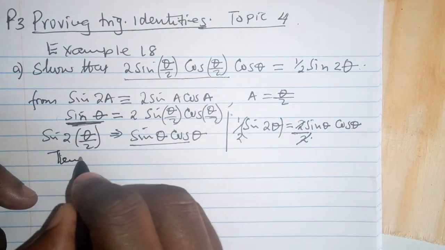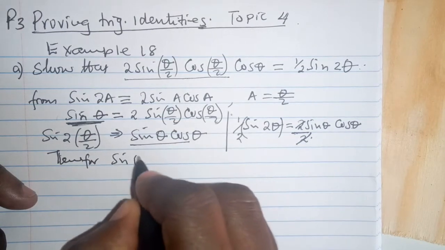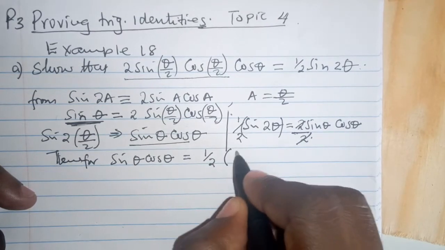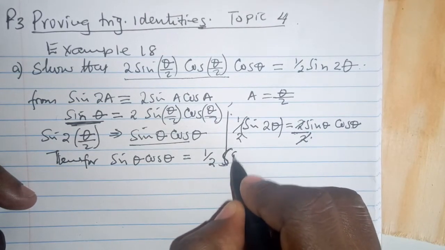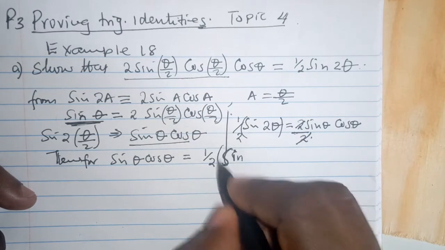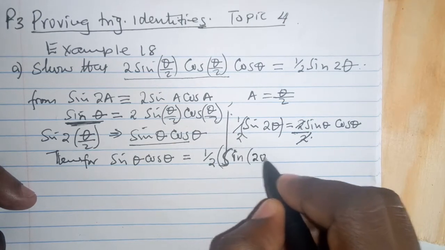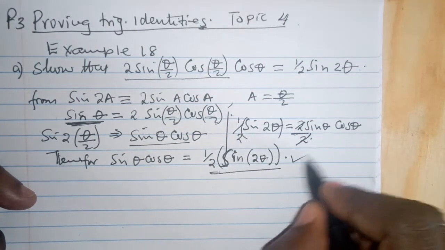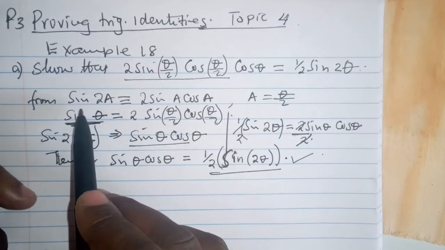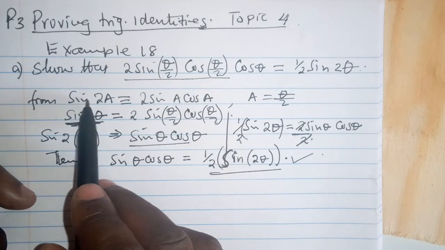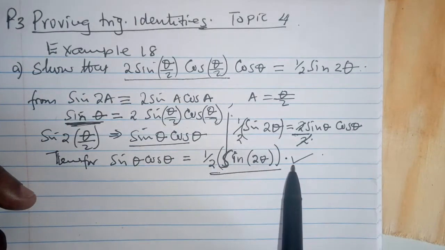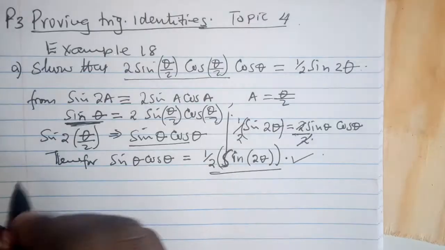And therefore sine theta cosine theta is equal to a half multiplied by sine 2 theta. That is what we are supposed to prove, and we have proven. Remember, we have just used one identity, which is sine 2A is equal to 2 sine A cos A, which has brought us to this particular expression.